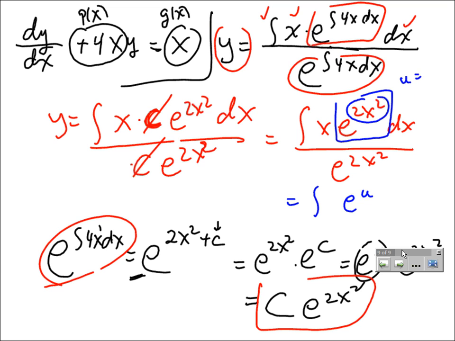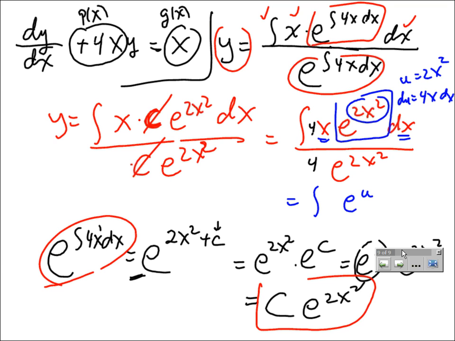But if u is 2x squared, then du is 4x dx. Well, I have the x and I have the dx. I just need a 4. Well, you can put in the 4 on the top as long as you also divide by 4.